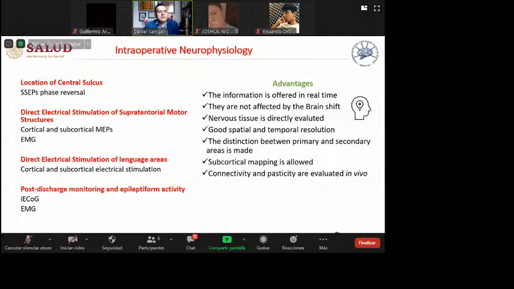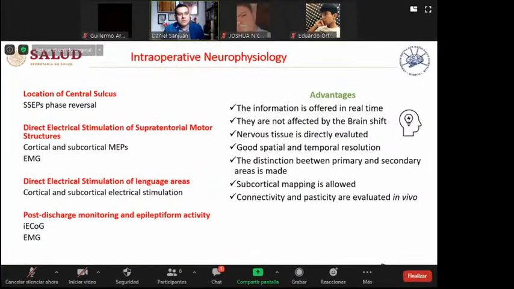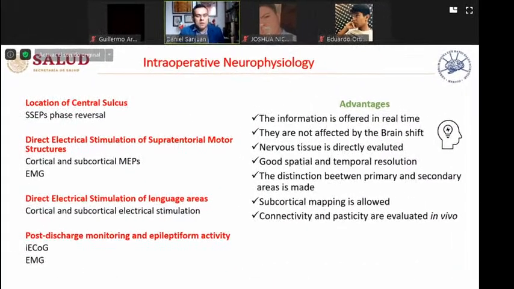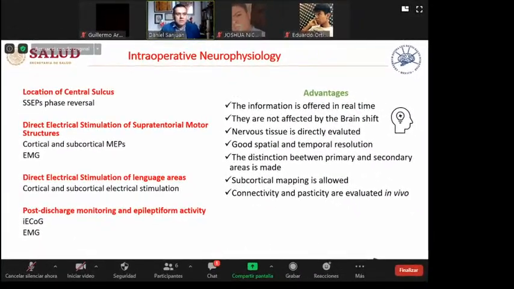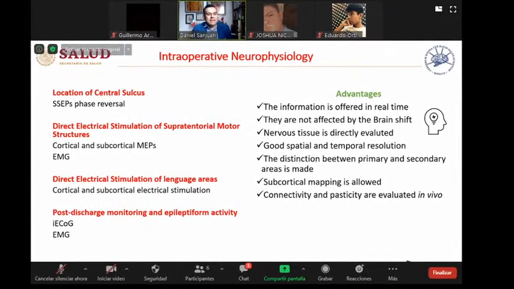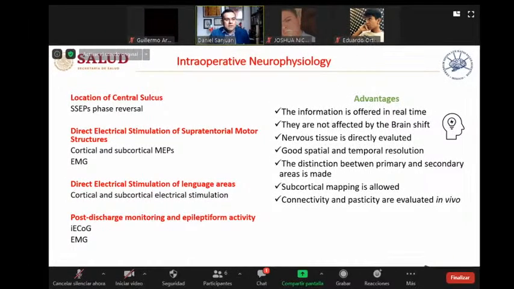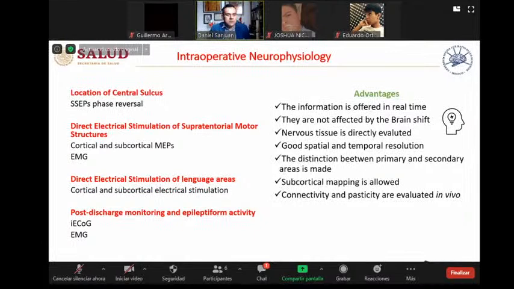One of these is the localization of the central sulcus using the somatosensory evoked potentials and phase reversal. The direct electrical stimulation of the supratentorial motor structures. We can offer cortical and subcortical motor evoked potentials and the EMG free.